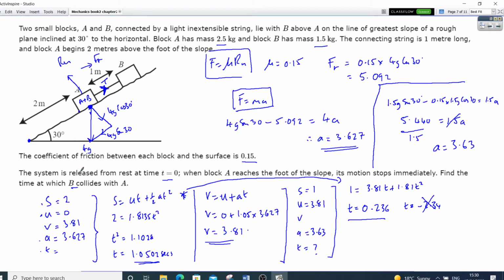So, the system is released from rest. When block A reaches the floor, its motion immediately stops.